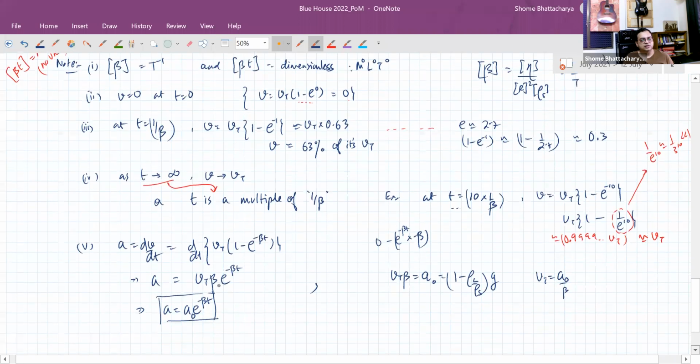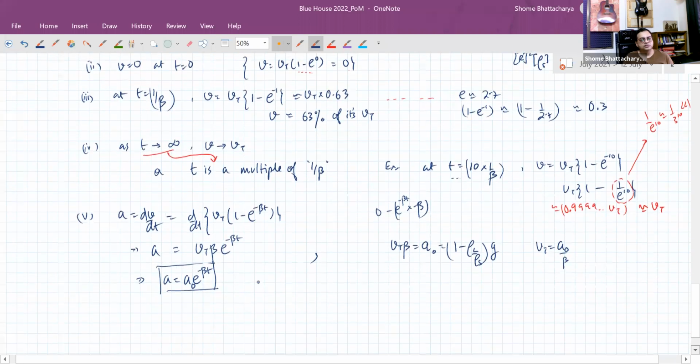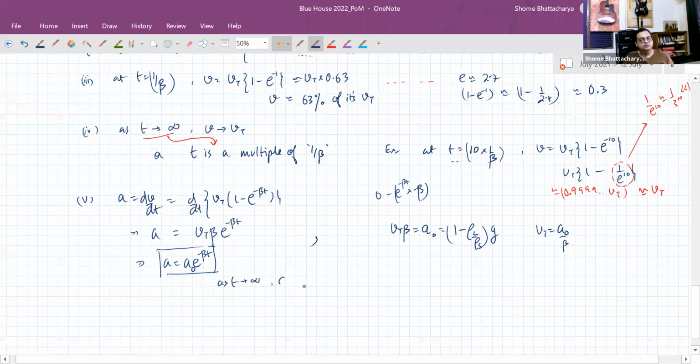So here you can see that as t tends to infinity, the acceleration tends to 0. But at t equal to 0, the acceleration is equal to a naught. And at t equal to 1 by beta, that important factor we discussed, the acceleration becomes a naught e raised to the power minus 1, which is approximately 0.37 times a naught.